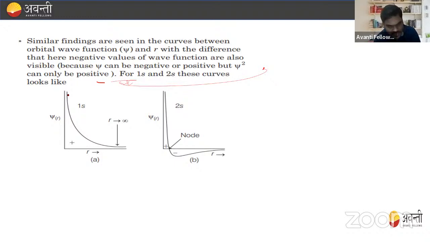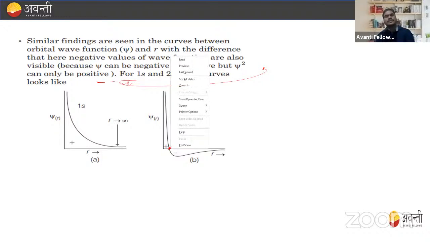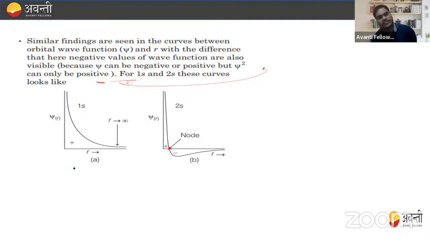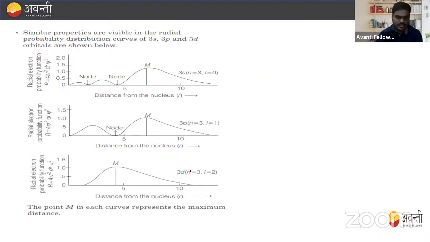This is for 1s, the value starts decreasing, and this is for 2s. This value becomes positive. There is one node, because we already covered that in case of 2s, one node is present. A node is a point where the finding of an electron is 0. In case of 1s, there is no node, right? So this is the derivation for 2s and 1s.